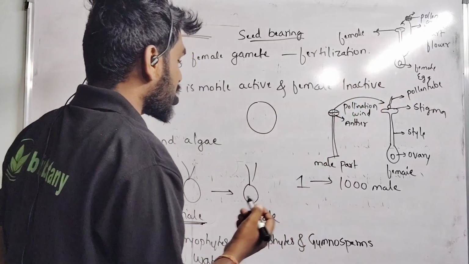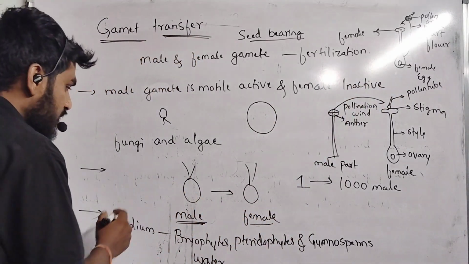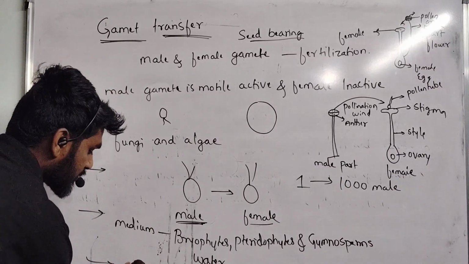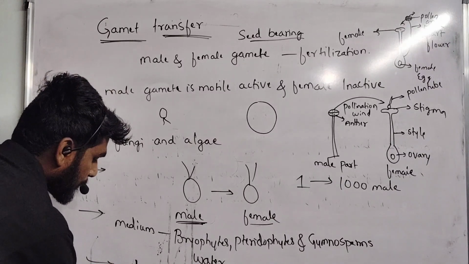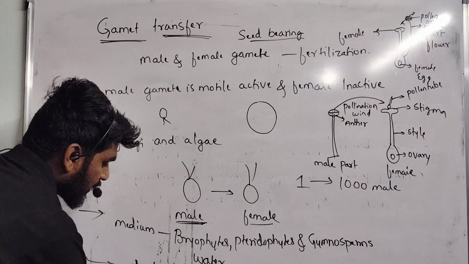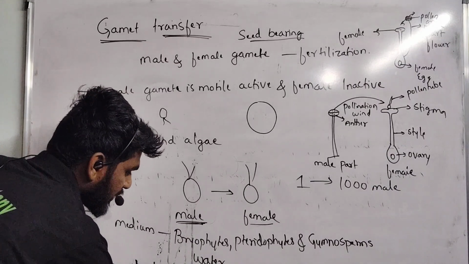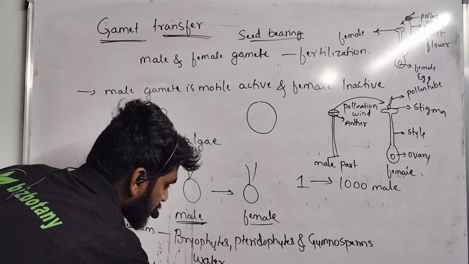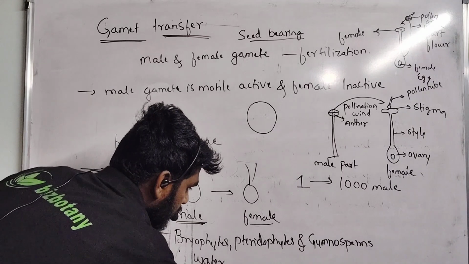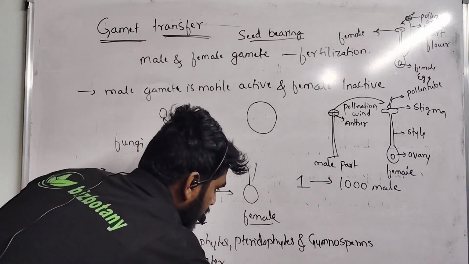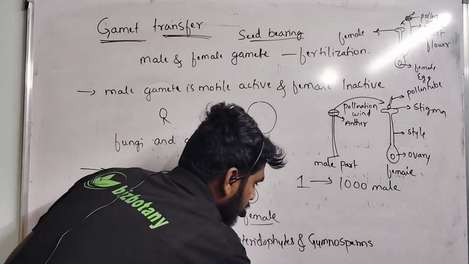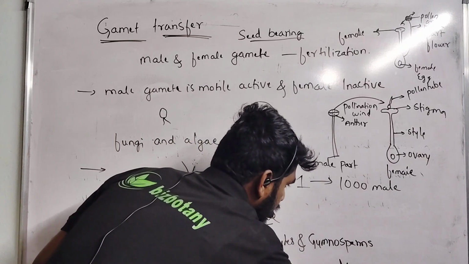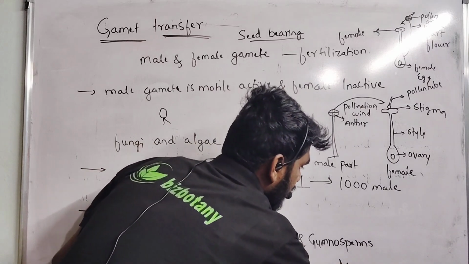But in dioecious plants, male and female sex organs are present on different flowers of different plants.